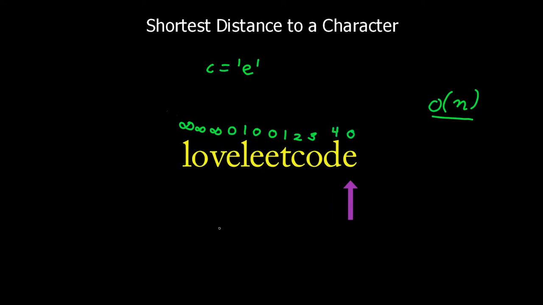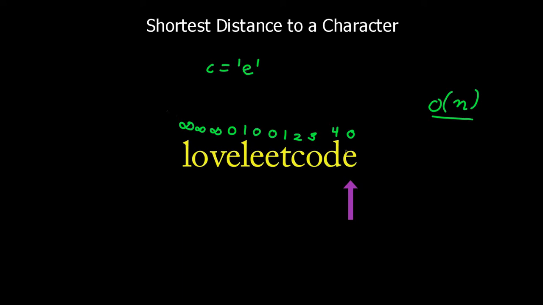Now this was the first pass, and yes, it is correct that L is infinity distance away from E on the left. Similarly for O and B, and E is 0 characters away, L is 1 unit away from E on the left, and so on. Now this time we will do the same thing, but we will check how far the current character is from the required character if the required character is in the right direction.